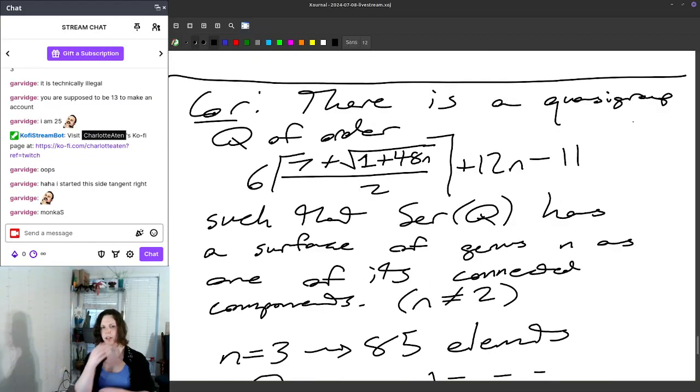Sorry, I'm starting to think about if I can prove that this is actually sharp. No, I don't think I can without doing additional actual work. Okay, anyway, we have an upper bound on how many elements a finite quasigroup would need in order to be used to do this construction and get a closed surface of genus n. And we got this bound that was this ridiculous formula.